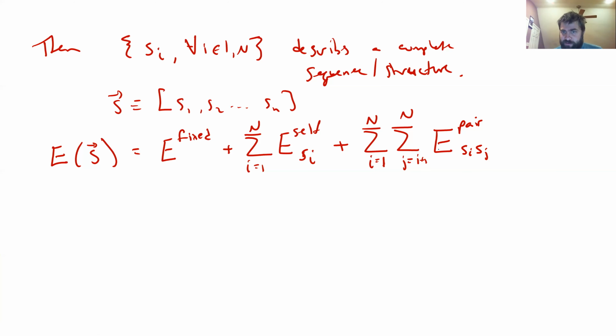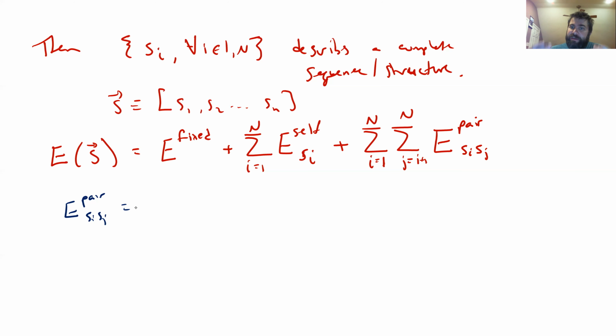Let me start with defining this pair energy. We've discussed in the last video how, because of the nature of the molecular mechanics force field, the bonded interactions, bond angles, and dihedrals never extend more than 3 bonds, but there are 5 bonds separating the side chains of 2 different amino acids.